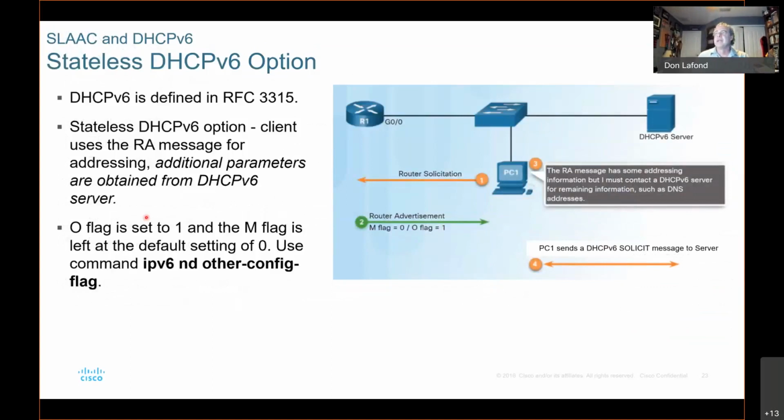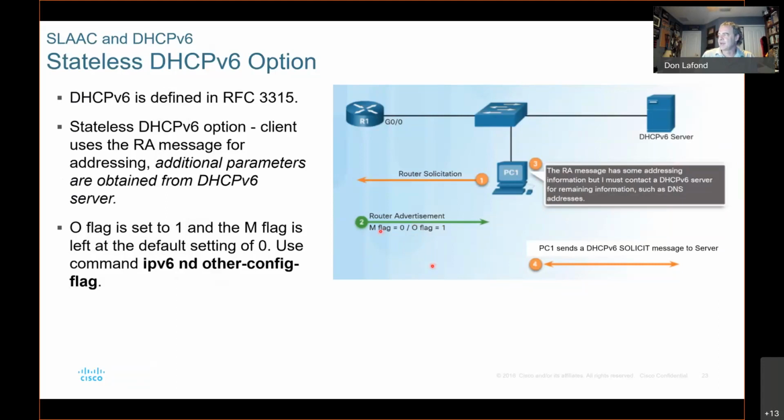So this one is stateless DHCPv6. This is where the manage flag is not set, but the O flag is set. The A flag and the O flag are set. So stateless operation, what happens is the PC reaches out to R1 with a router solicitation. R1 responds with the O flag set, but the M flag not set.